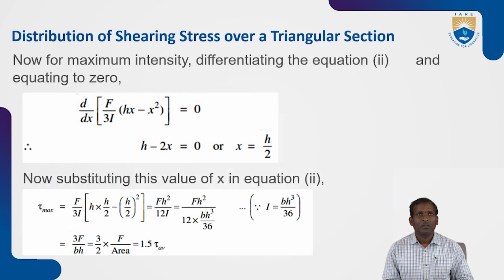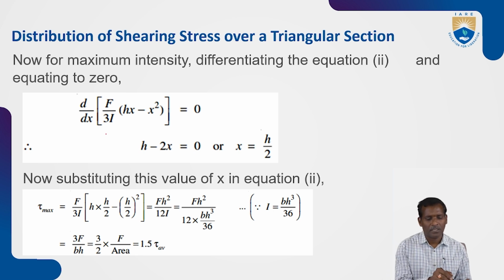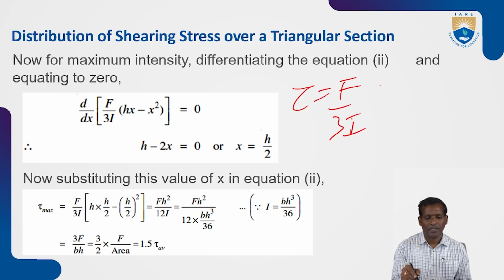Now, for maximum intensity, differentiate the second equation and equate to 0. So what is the second equation? The equation is shear stress is equal to F by 3I into (hx minus x square).